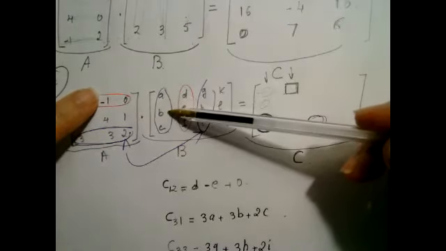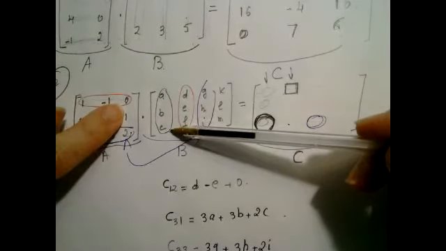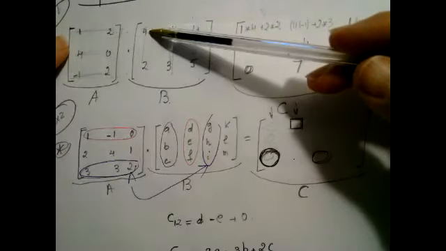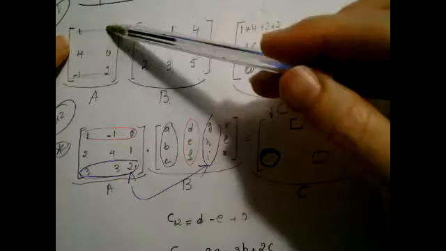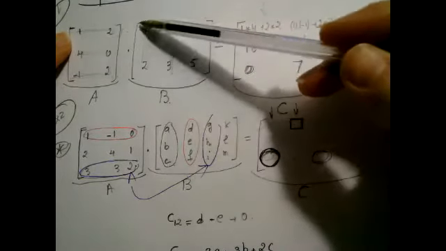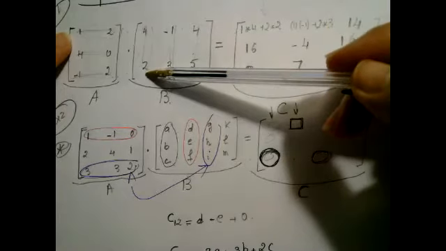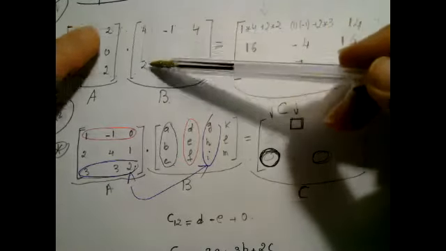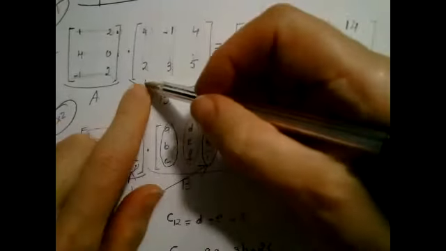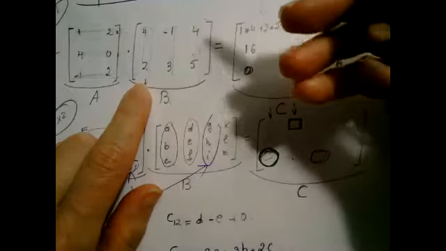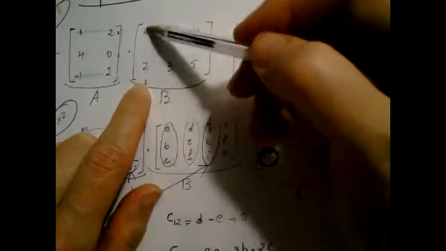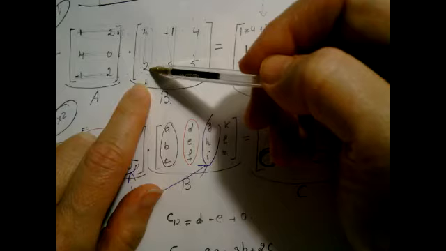Here, again, for this to make sense, the number of columns of A should coincide with the number of rows of B. Otherwise, the multiplication doesn't make sense. I cannot make up anything.